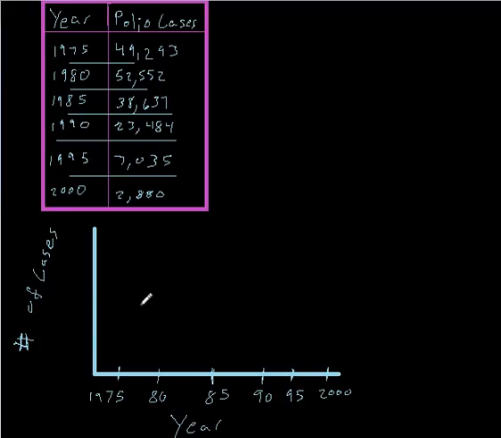And well, let's just throw these into increments. My smallest value is 2,000, it looks like. And my highest value, it's looking like it's 50,000. So let's go in increments of about 10,000.